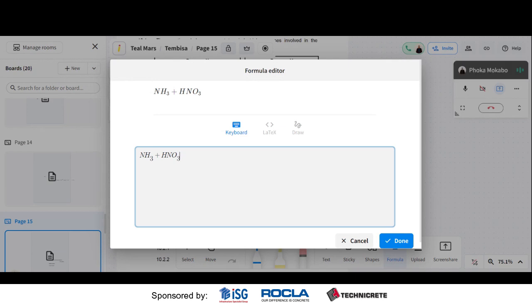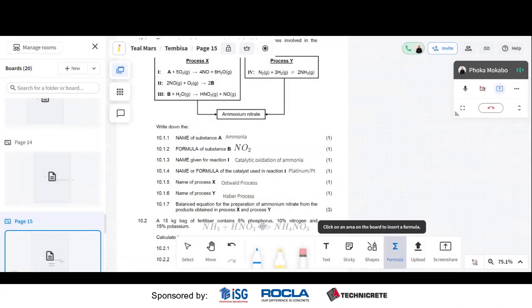What you get as a result is what we're looking for, NH4NO3. That right there is balanced.